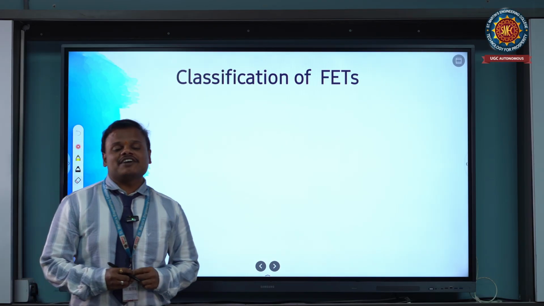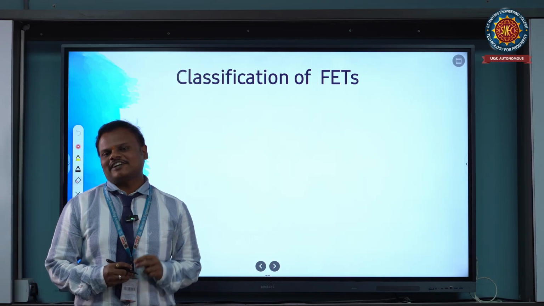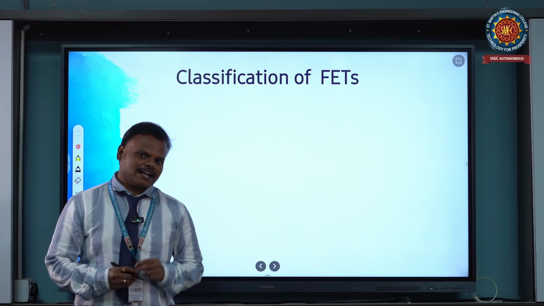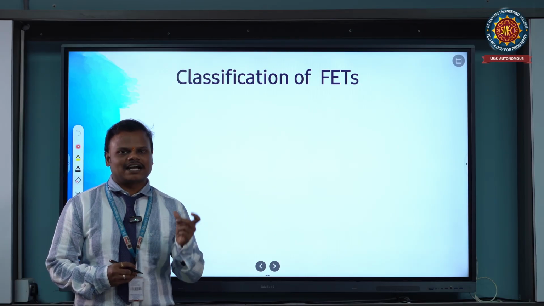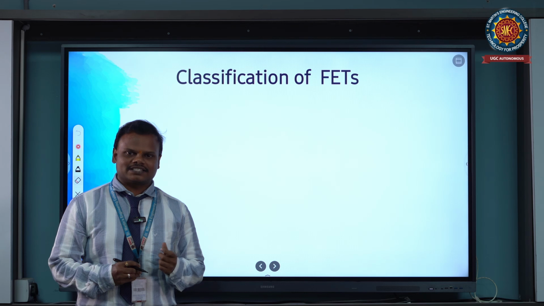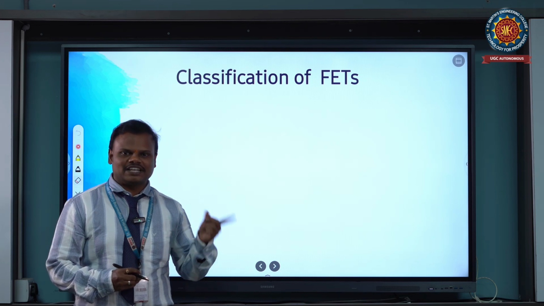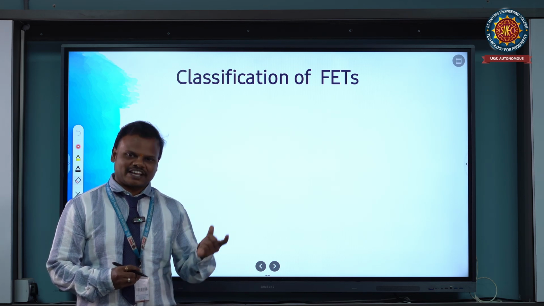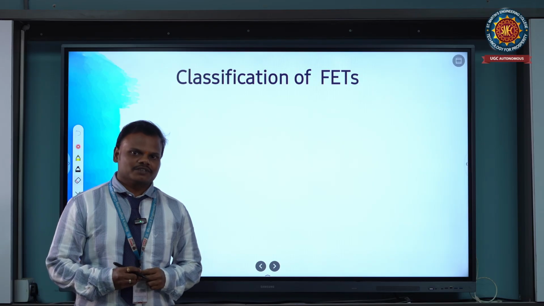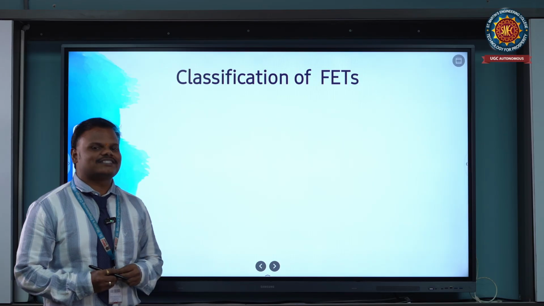And one thing I want to rectify: FETs are of very small size and BJTs are of larger size. When size is small, we are able to use field effect transistors in manufacturing integrated circuits, which are mostly used in today's generation.